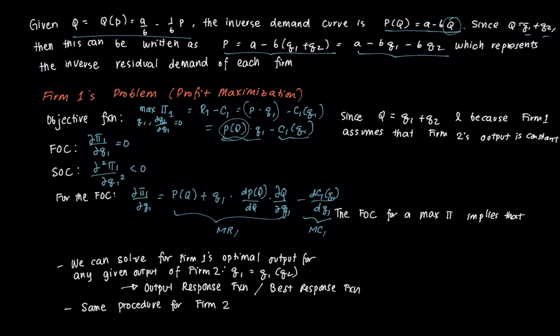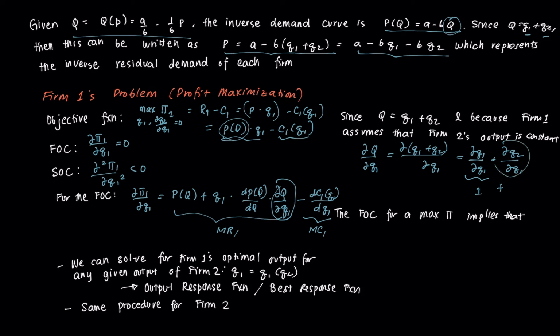But if you notice something with this derivative in particular, since Q is equal to Q1 plus Q2, the derivative of Q with respect to Q1 is just Q1 plus Q2 with respect to Q1. By the rules of derivatives, that's the partial of Q1 over the partial of Q1, plus the partial of Q2 over the partial of Q1. If we take the derivative of something with respect to itself, this is equal to 1.